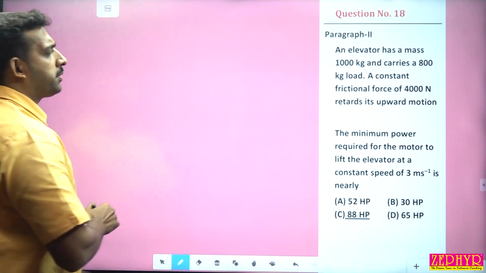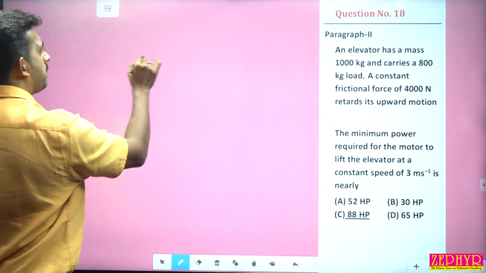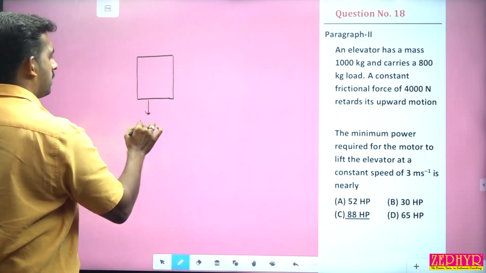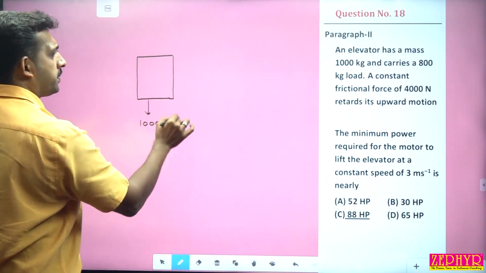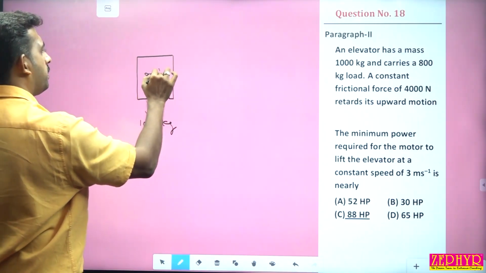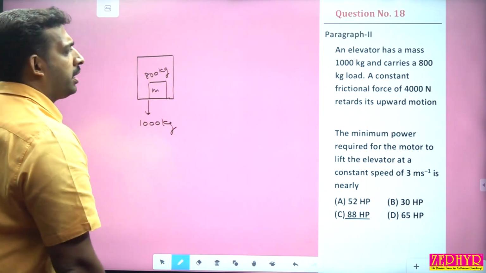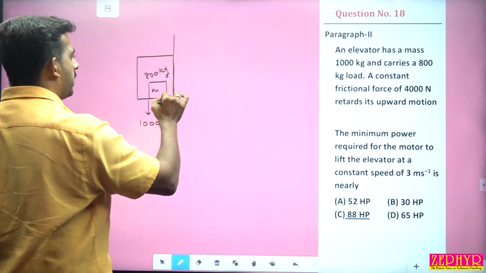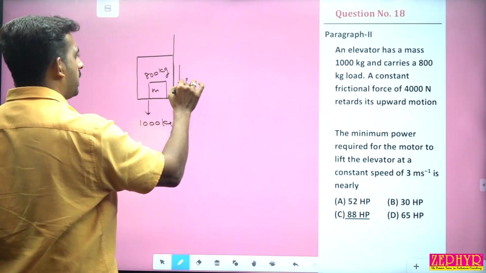Question number 18. An elevator has a mass of 1000 kg and carries 800 kg load. A constant frictional force of 4000 Newton. So when it is moving upward, the frictional force will be acting in the downward direction, correct?